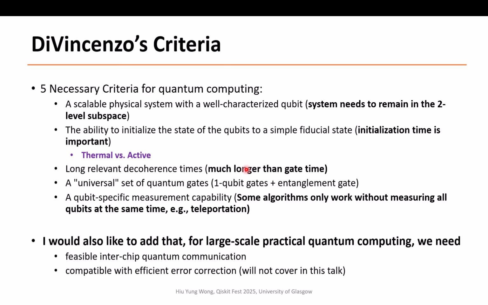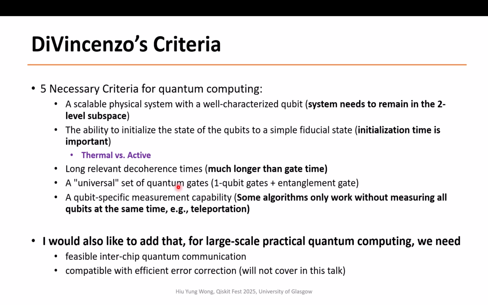The fourth criterion is that your system should be able to implement any one-qubit gate, an arbitrary one-qubit gate, and then you should be able to have an entanglement gate. For example, a CNOT gate, iSWAP gate, or controlled-phase gate.